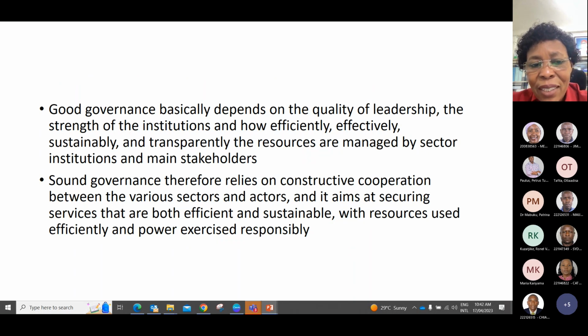Literature informs us that good governance basically depends on the quality of leadership, the strength of the institutions, and how efficiently, effectively, sustainably, transparently the resources are managed by sector institutions and main stakeholders. You see, governance, as I said earlier on, according to literature, is actually a process.